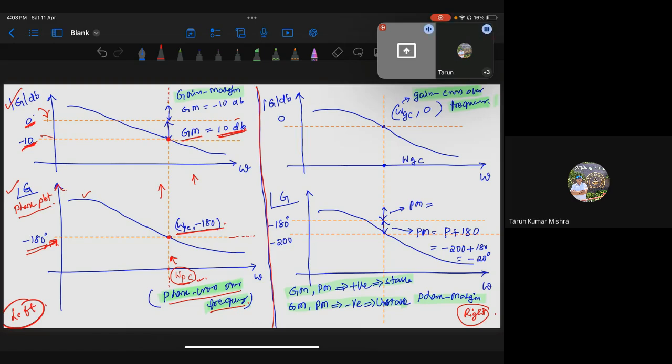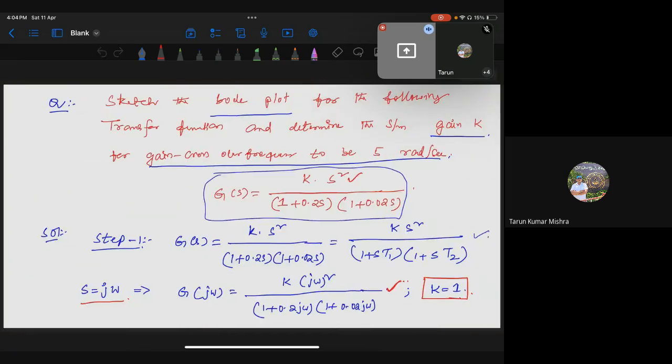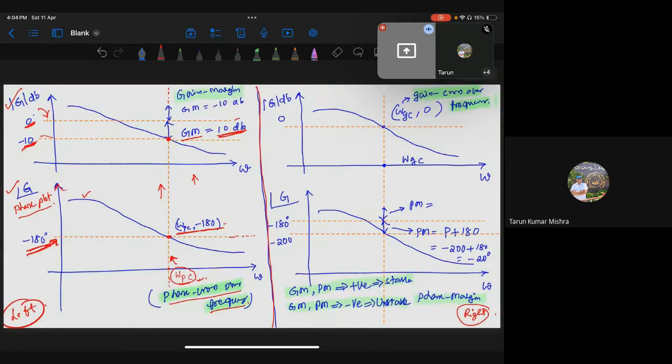So basically, who gives your gain margin? The gain margin is given by the phase crossover frequency and the minus 180 degree line. That is called the gain margin.